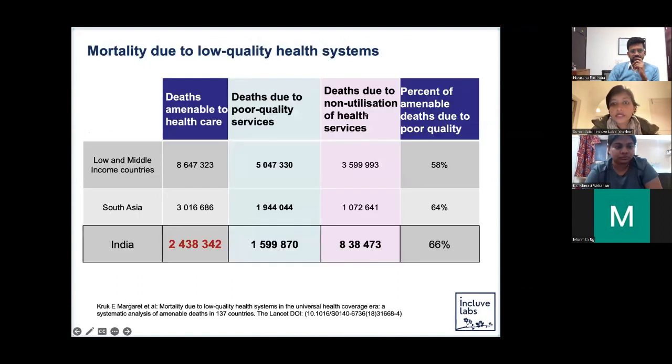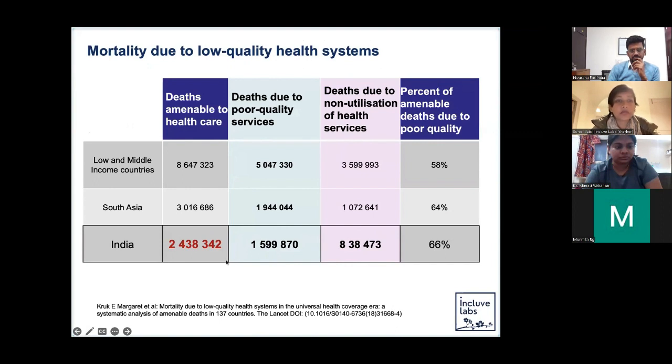So this is what I just discussed. So if you look at the pink column, about 8 lakh deaths in this study were attributed to not having access to healthcare, and about 15 were attributed to not having access to good quality care. So overall, we are losing about 25 lakhs.